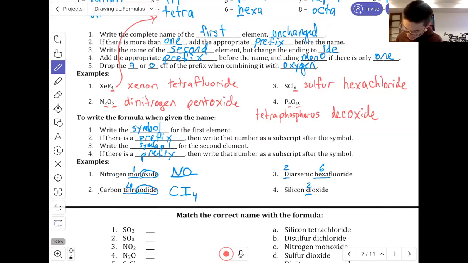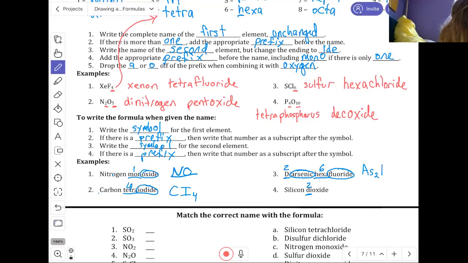So moving on to number 3. Arsenic is As, and I'm going to put a number 2 with it. And then what element is that? F6.